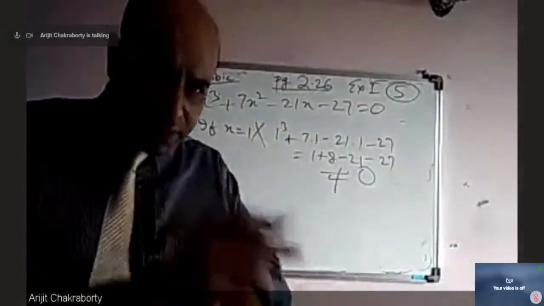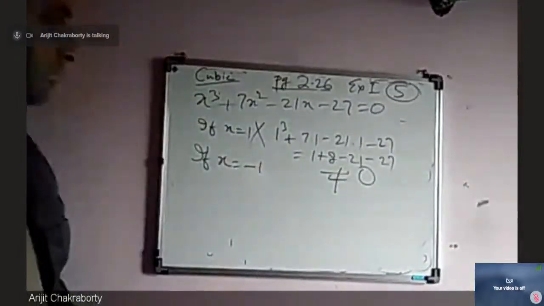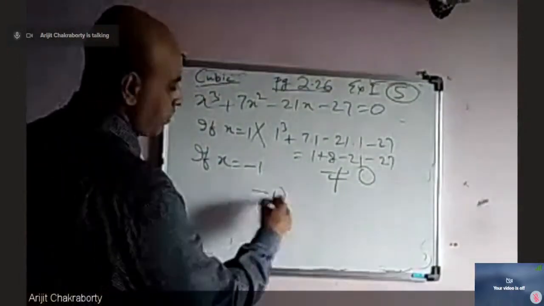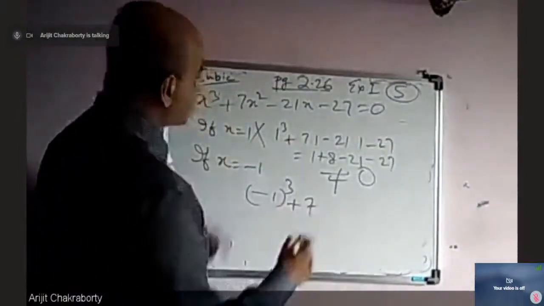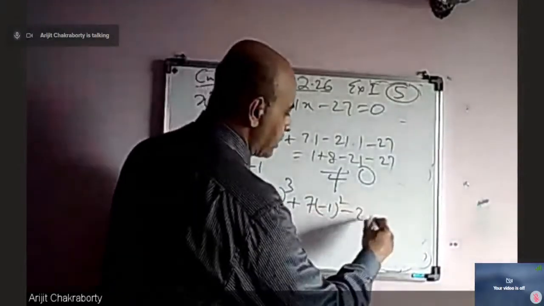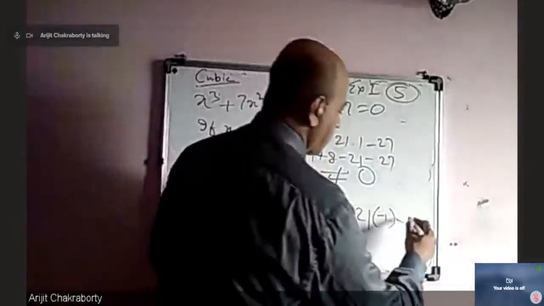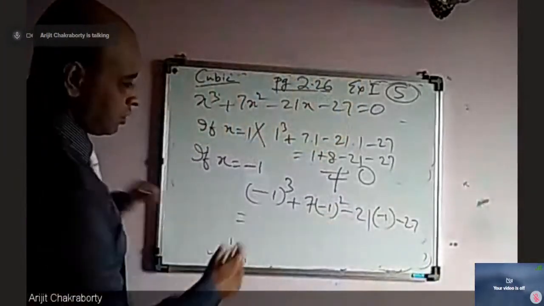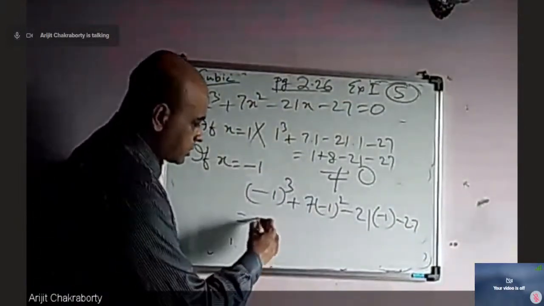So we have to go for the next alternative, that is if x is equal to minus 1. Let us see what happens. X cube will become minus 1 cube, plus 7 into x square, that is minus 1 whole square, minus 21 into x, and x is minus 1, minus 27. Minus 1 cube is minus 1 into minus 1 into minus 1, which is minus 1.